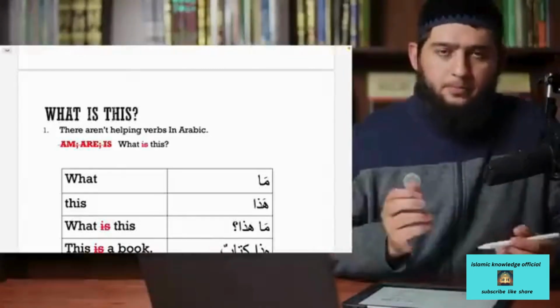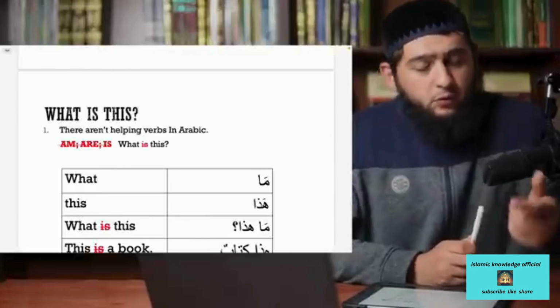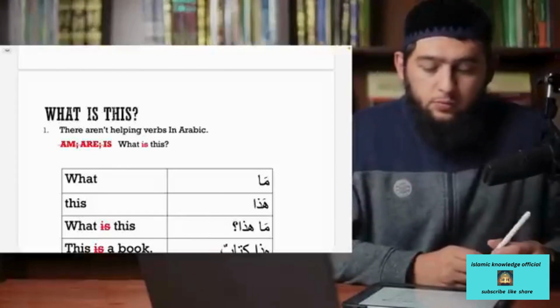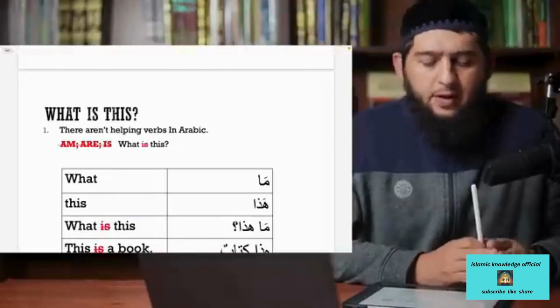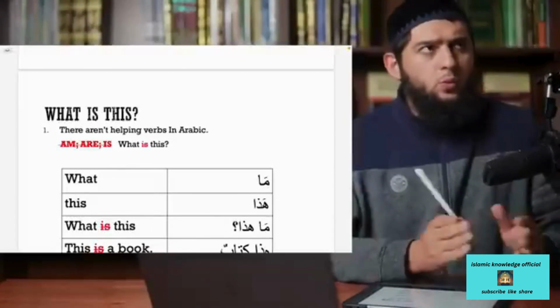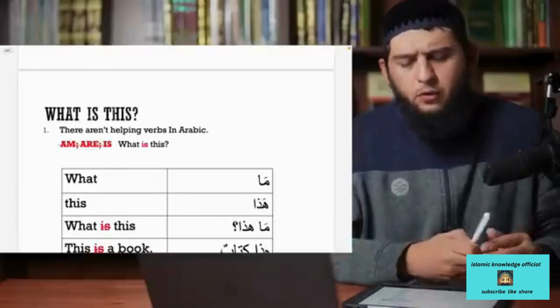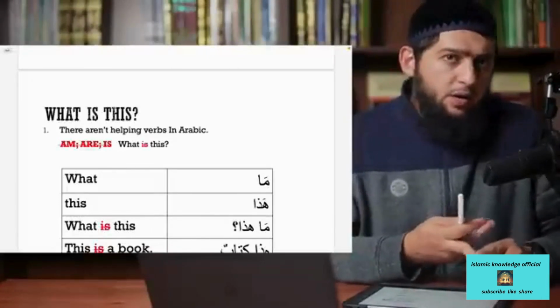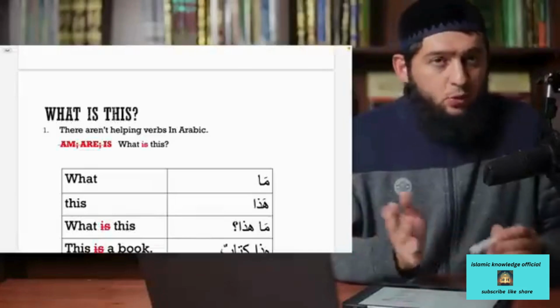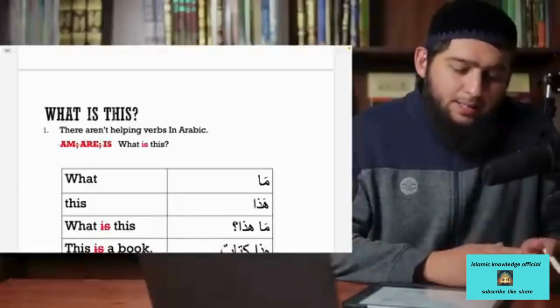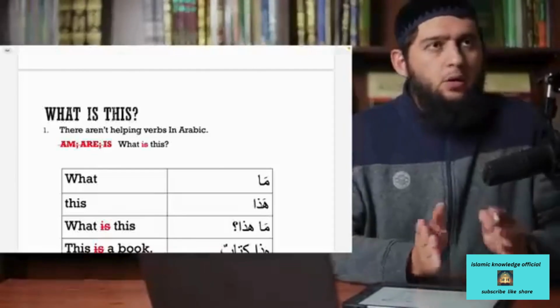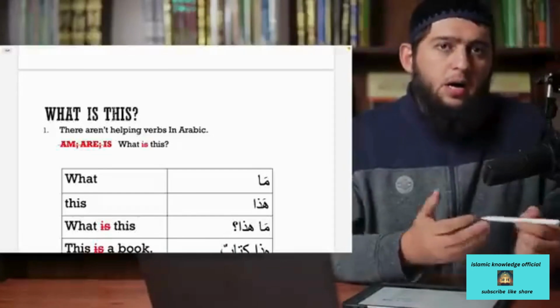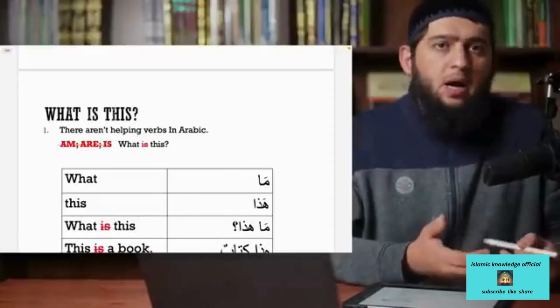Before we study this question, we should know that in Arabic we don't have helping verbs. What are helping verbs? Helping verbs are am, are, is. So in Arabic, this question, what is this, will be without is: what this? Or if you want to say my house is big, it will be my house big.